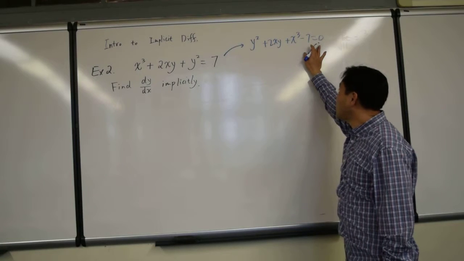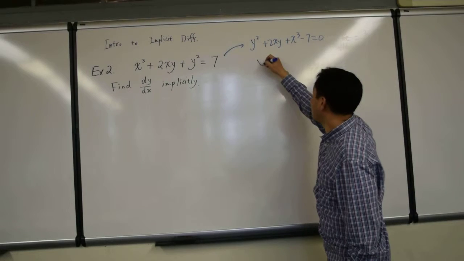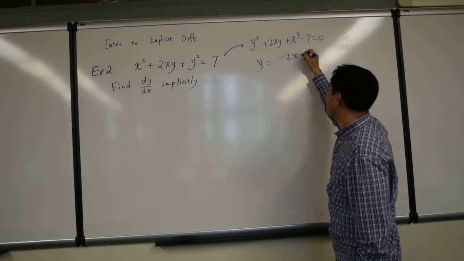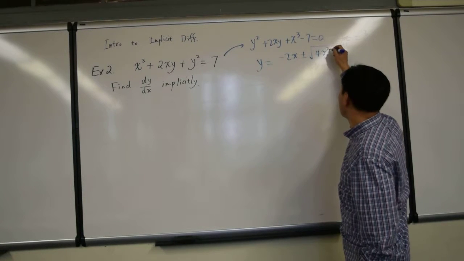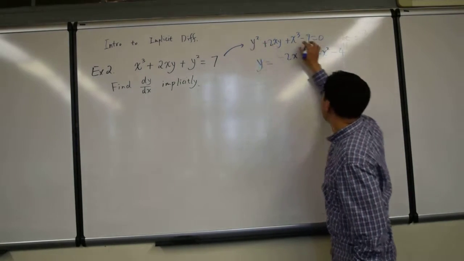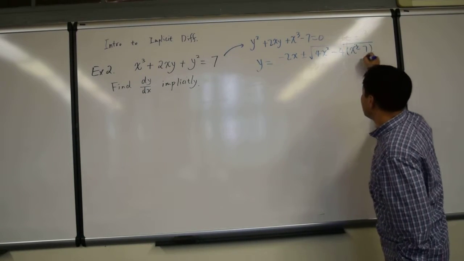So in order to solve this, you need to use the quadratic formula, which is y equals negative 2x plus or minus the square root of 4x squared minus 4 times 1 times (x cubed minus 7), divided by 2.